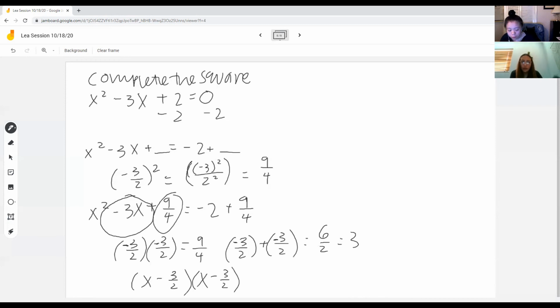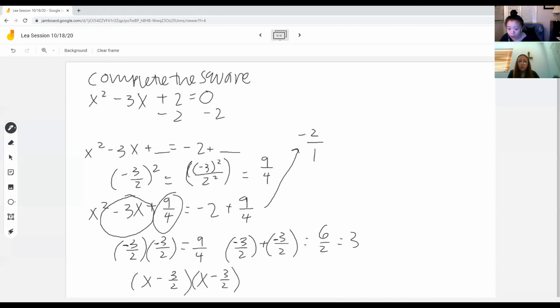how would you add that? So how we add a whole number and a fraction is that they have to have the same denominator. So if we have a denominator on the bottom of 4, you also have to multiply the top by 4. So negative 2 is basically negative 2 over 1, right?